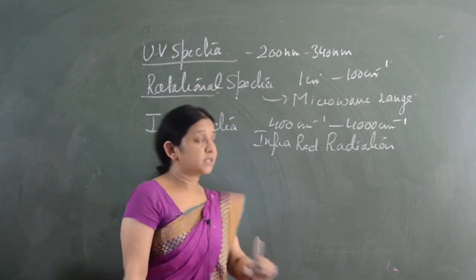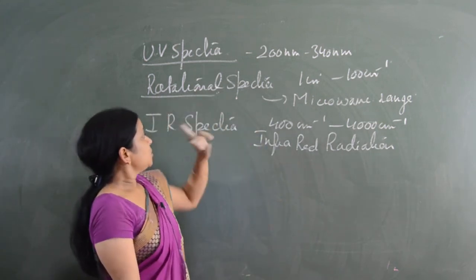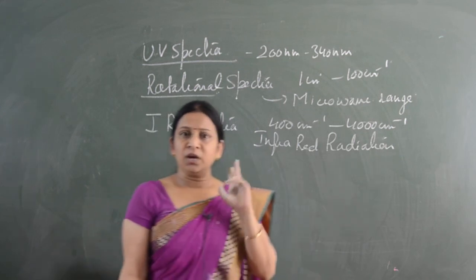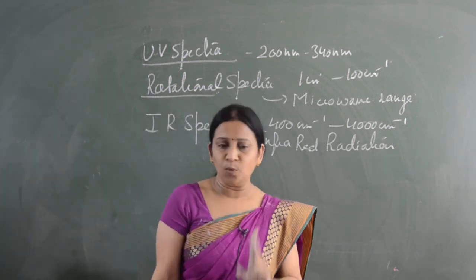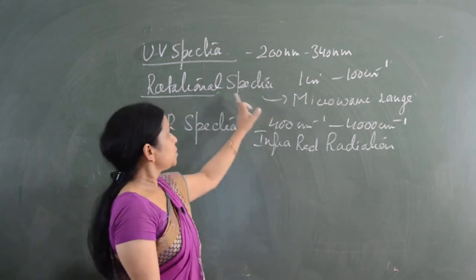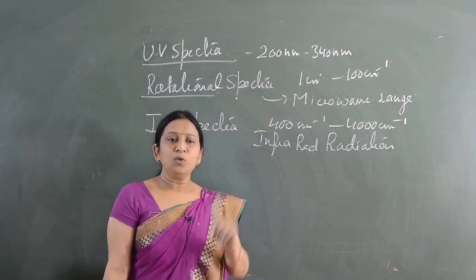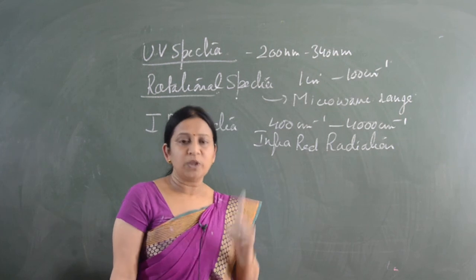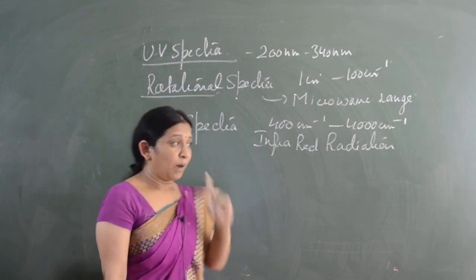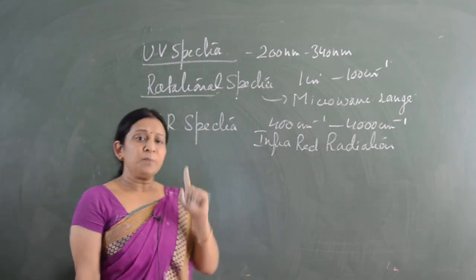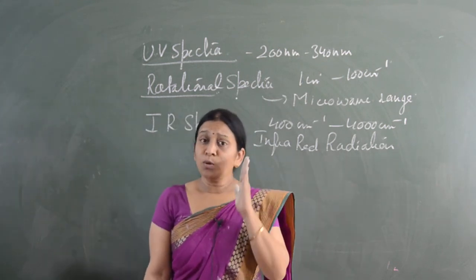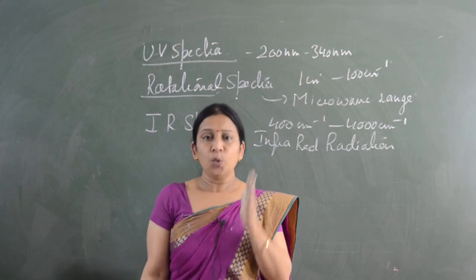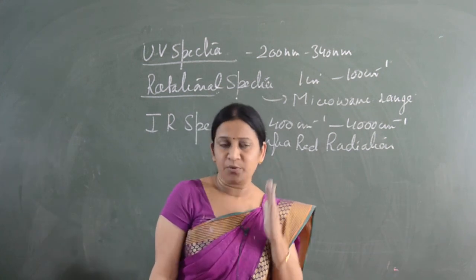So here you can see, in both rotational spectra and IR spectra, the molecule should have a permanent dipole moment. The difference is, in rotational spectra, the dipole moment is not going to change when the molecule is rotating, but in IR spectra, when we have vibrational changes, the dipole moment should change when the molecule undergoes vibrations.